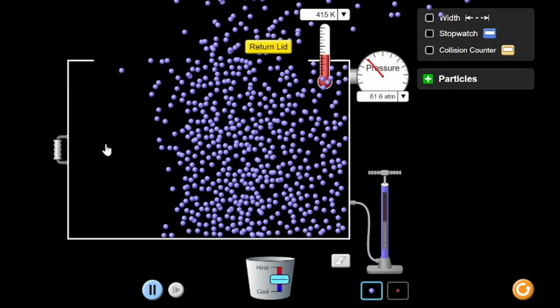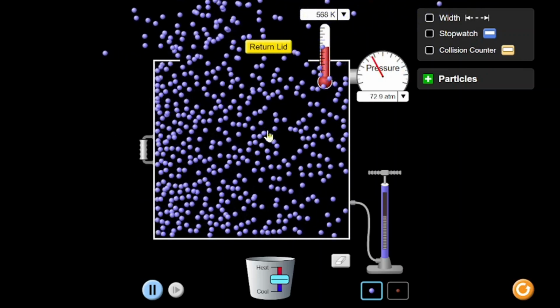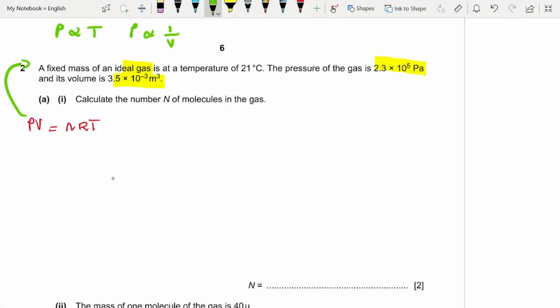A very small volume means it's going to be higher pressure because the molecules will be bumping across the walls of the container. So in total, pressure will be directly proportional to temperature divided by V. So PV is directly proportional to T, and then you introduce a constant, PV will be equal to kT, and our constant in this case is nR, right? Number of moles is a constant because it's the gas that you're talking of. Then R is just another constant that you're given in the data booklet.